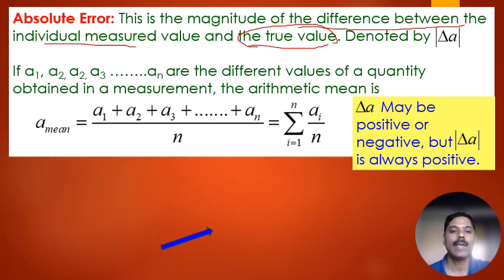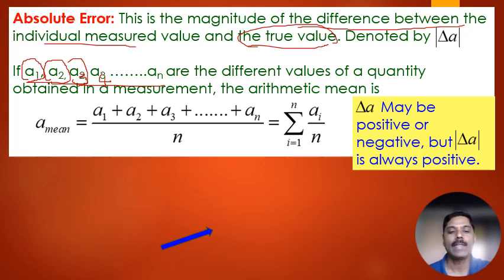Just for the example's sake, let us assume that a physical quantity is measured so that its value is A1 during the first measurement, A2 during the second measurement, and A3 during the third measurement. In this way one can measure the values and record. So n number of values have been measured as per this example.